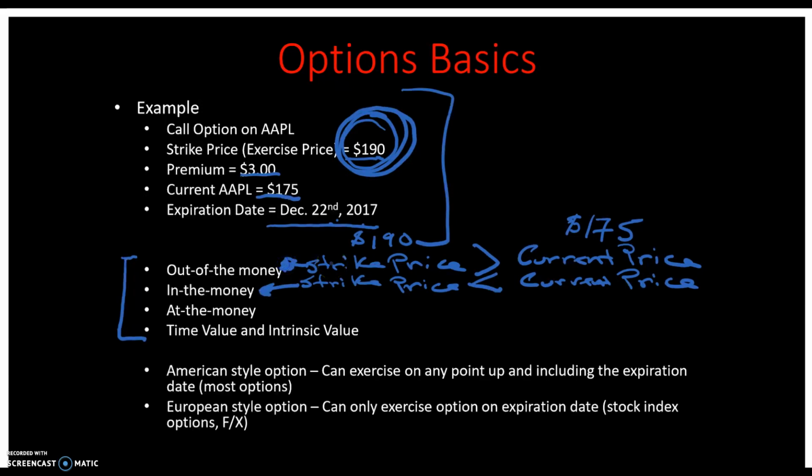So here, if it was the other way around, if the strike price was less than the current market price, then all of a sudden we're in a different scenario. Then all of a sudden, hey, I can potentially go out and exercise this contract that I have, buy the stock for less than what it's trading for in the market, and potentially have a profitable situation. That's what's referred to as an in the money option.